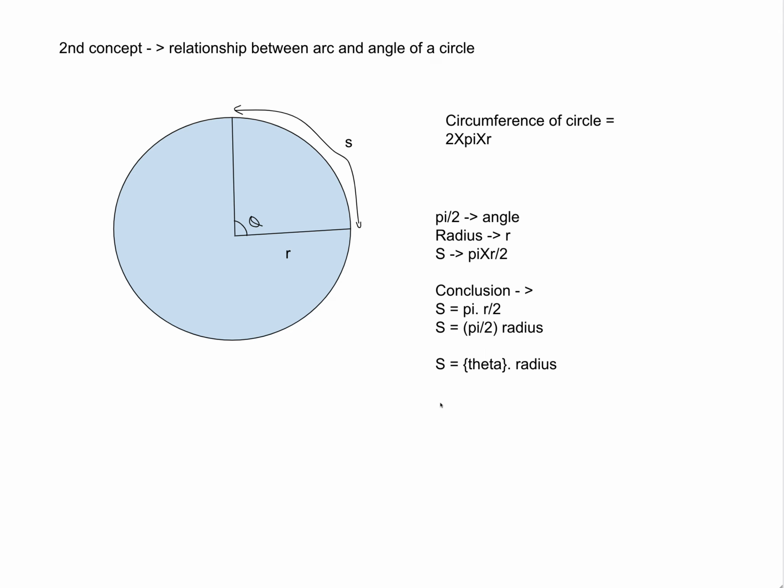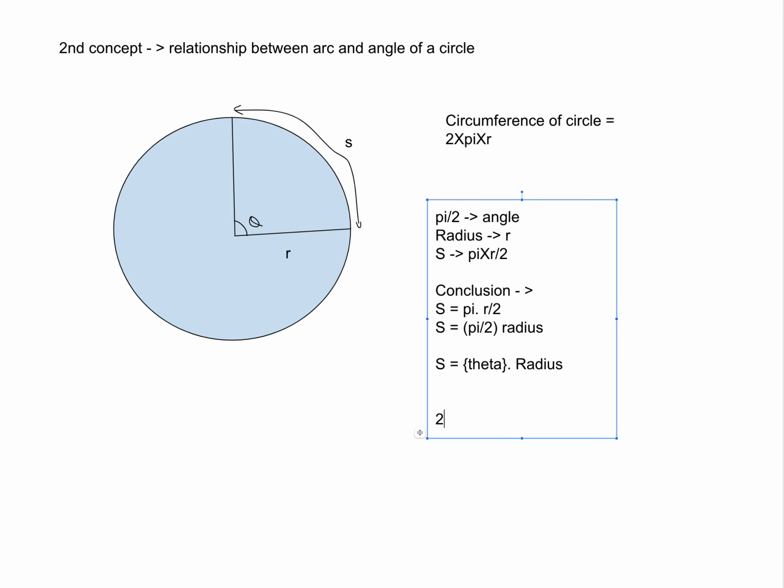So you can also understand it from another angle. For example, now consider the whole circle. Okay, so s will become 2 pi r because it will be the circumference.